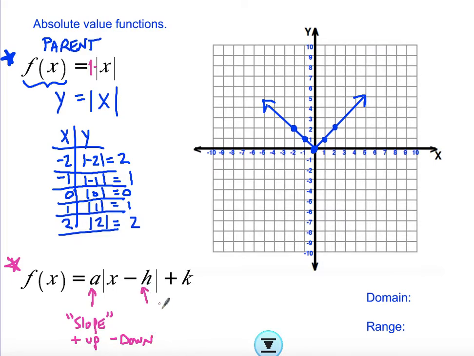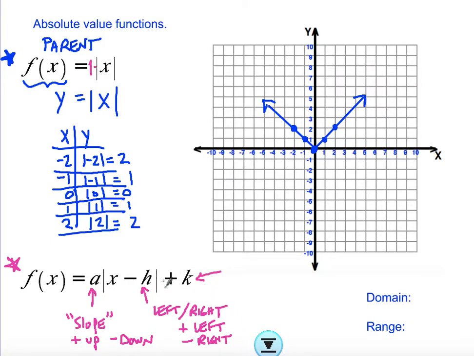The H value, that is your left or right shifting. And remember this, just like with any other function we've done, it's opposite of what you think. So if you have a positive value, it's actually going to the left. And if you have a negative, it's actually going to the right. So it's opposite of what you kind of think.